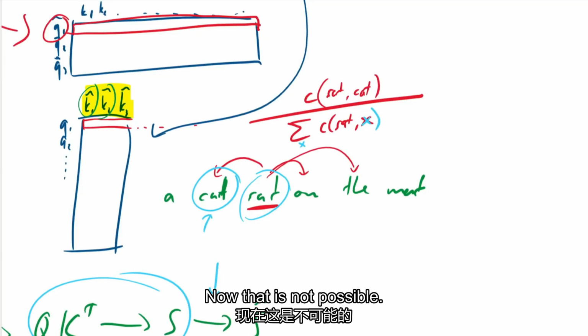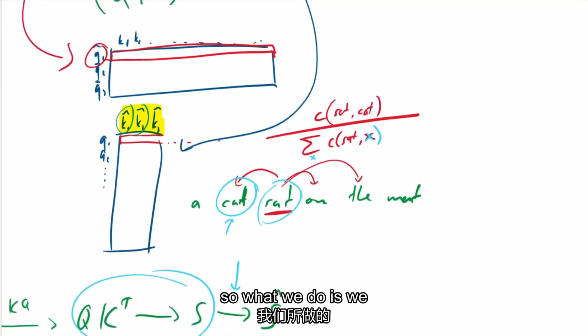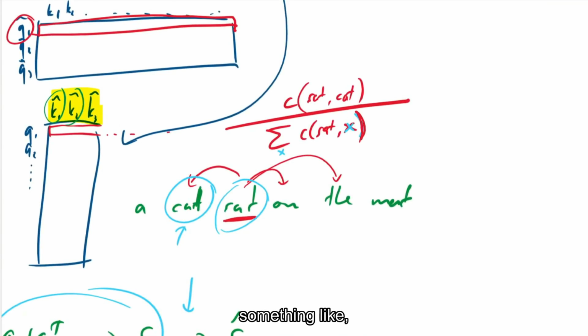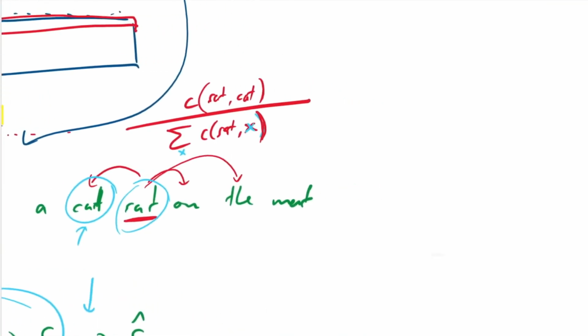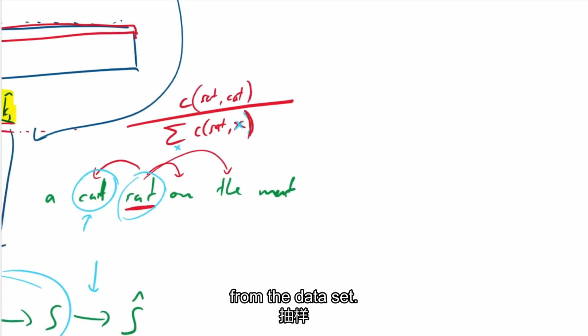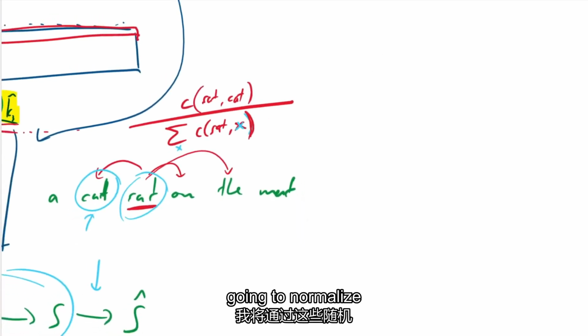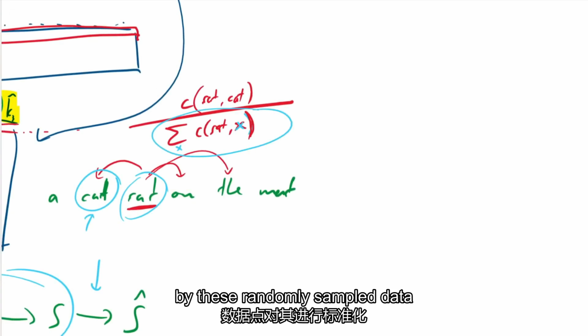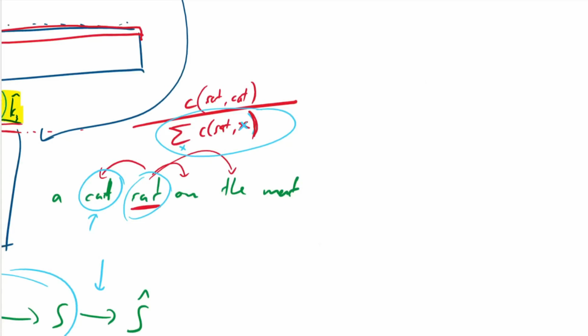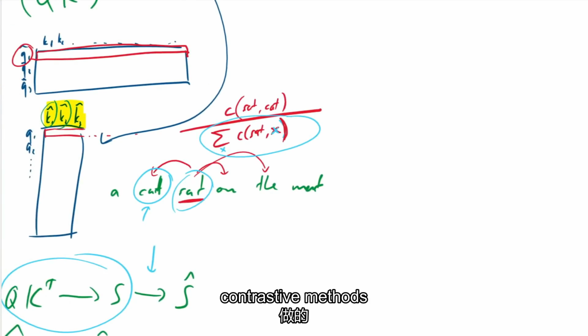Now that is not possible usually, so what we do is a thing called negative sampling, and in negative sampling we simply say I'm just going to get a bunch of other contexts that I randomly sample from the data set, and I'm going to normalize by these randomly sampled data points. So I'm going to replace the whole of the denominator by a randomly sampled subset, and that's going to be good enough. And this is a lot of what contrastive methods do as well.